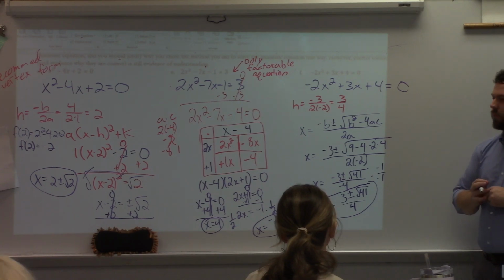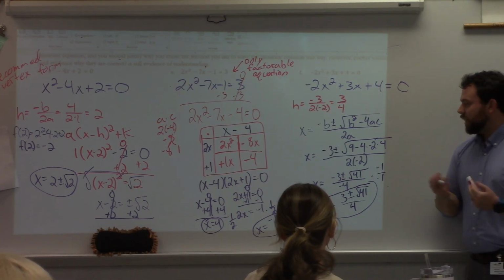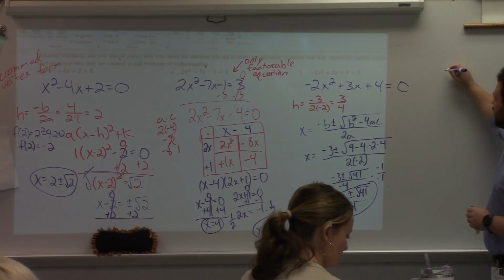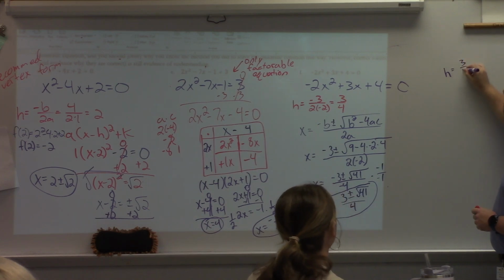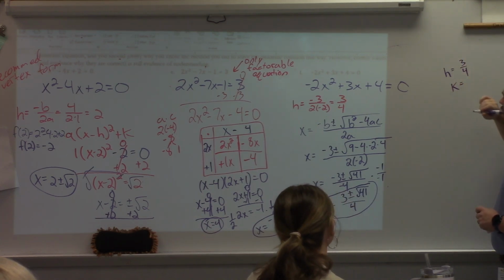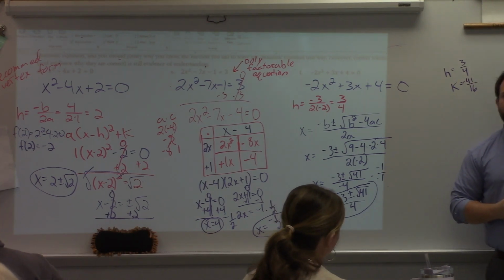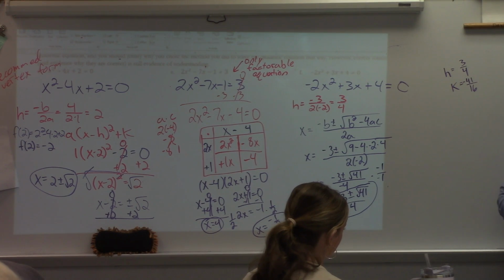Okay. Quadratic formula, it works. Sometimes it's a little bit more complicated, but let's see. H came out to be 3/4. K, I believe, comes out to be negative 41 divided by 16. So be careful if you did not get that, Demia, because I don't think you did.